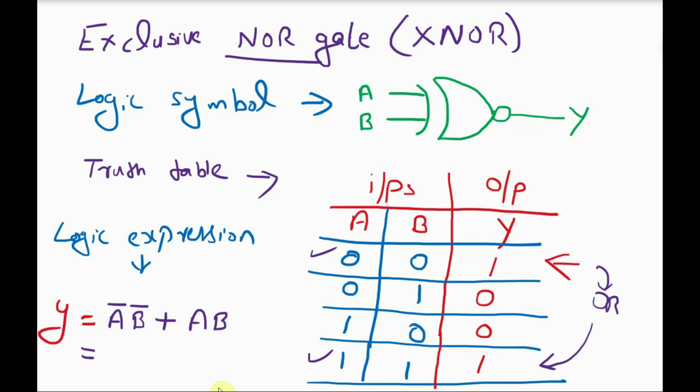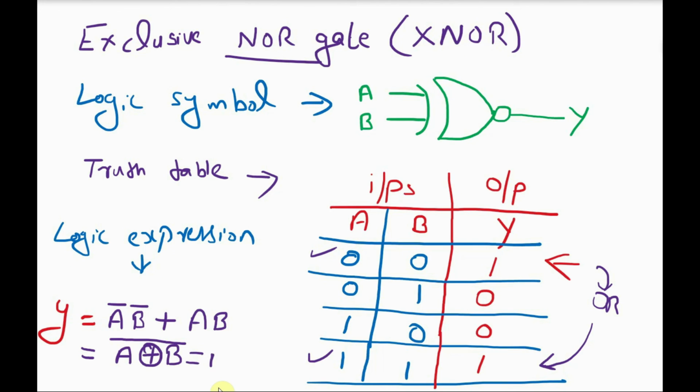And the symbol for exclusive NOR gate: we can write it as this is A XOR B, isn't it? Actually, exclusive NOR gate is the opposite of A XOR B, so we can put the whole bar, that means the opposite of XOR operation.